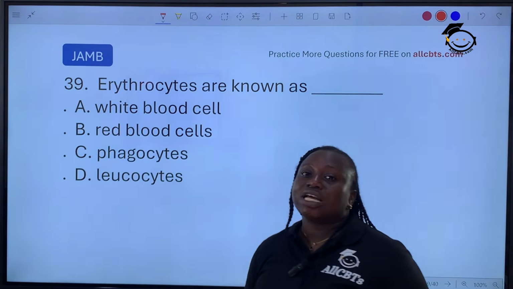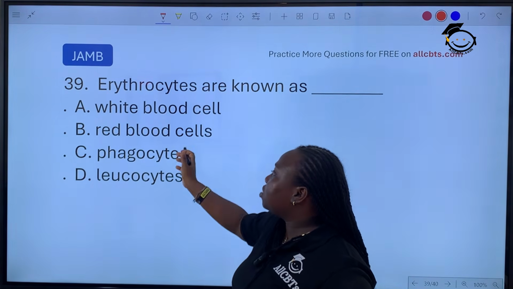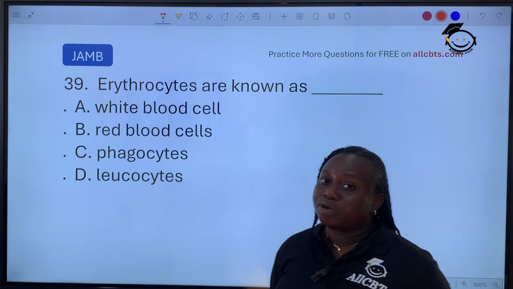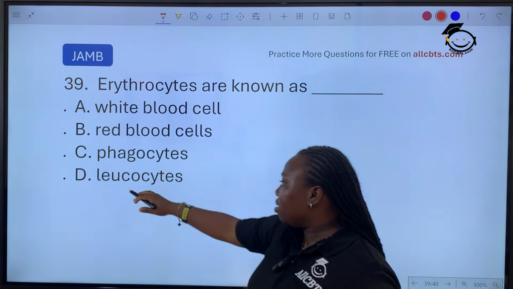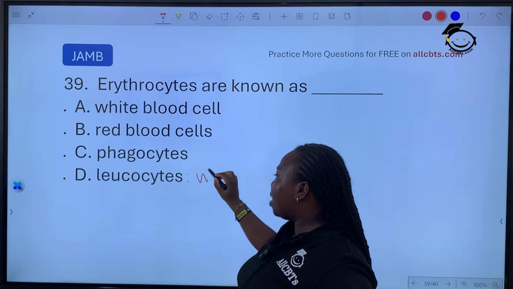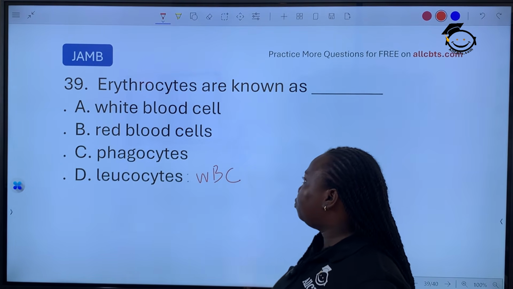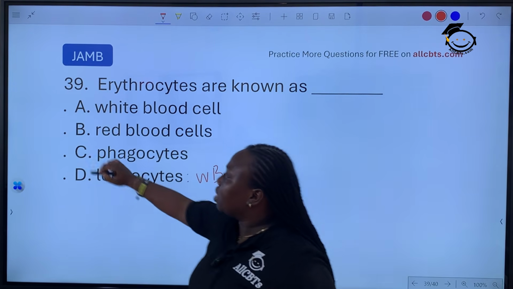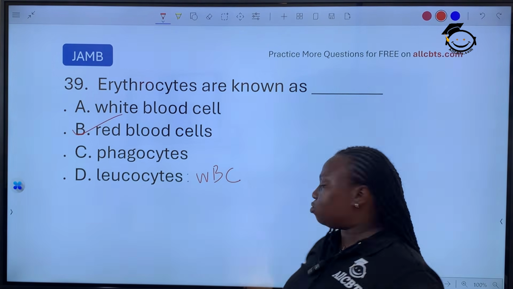White blood cells are the leukocytes. Red blood cells are erythrocytes. Phagocytes are types of white blood cells that engulf, while leukocytes are white blood cells. So our answer is B, red blood cells.